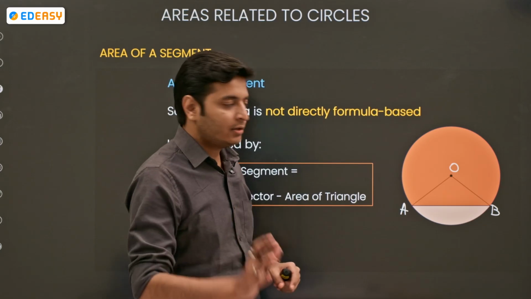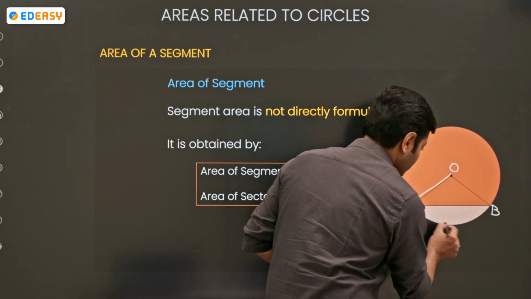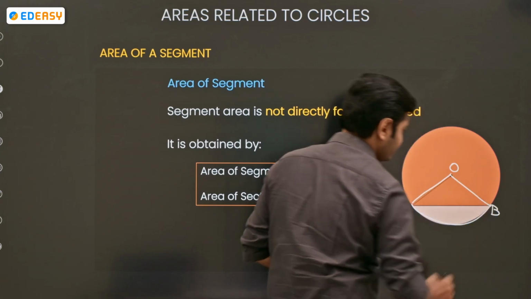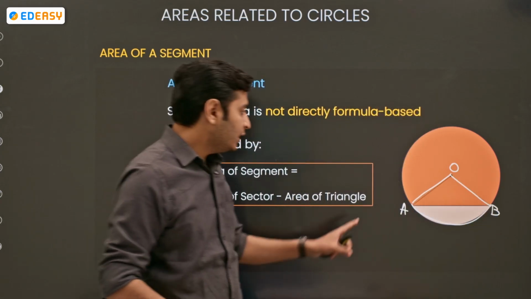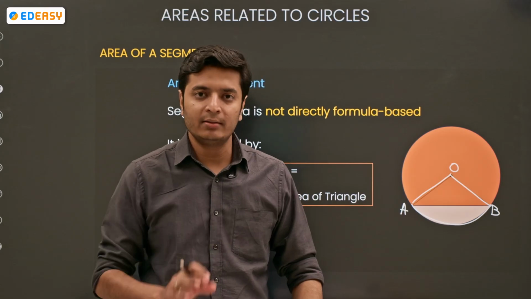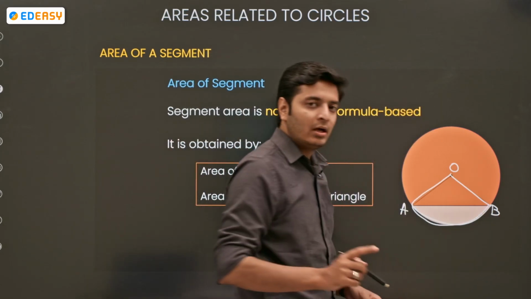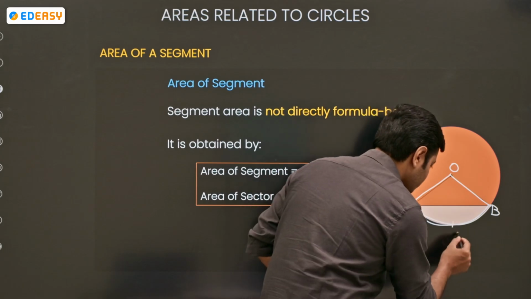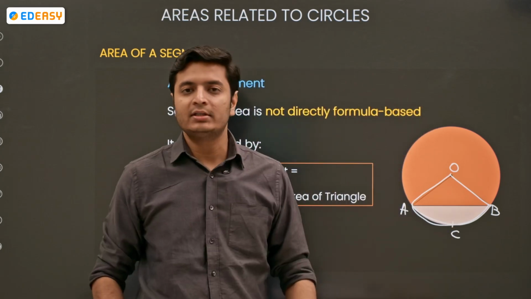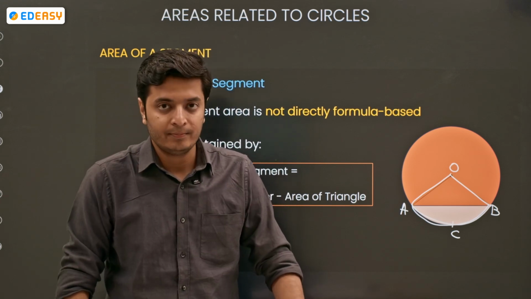First, this sector OAB, this is a sector, correct? Now AB is the line segment joining both points A and B. Let me take a random point C in between, so ACB is an arc.